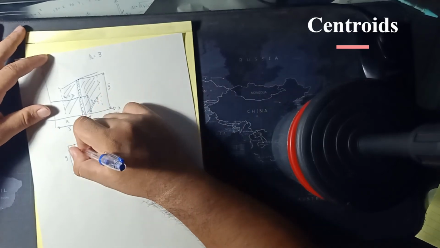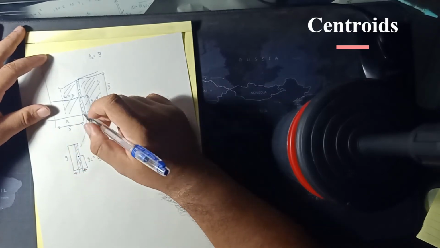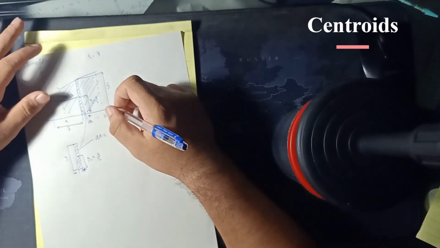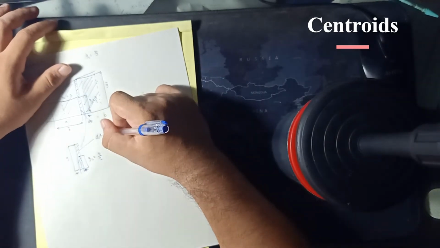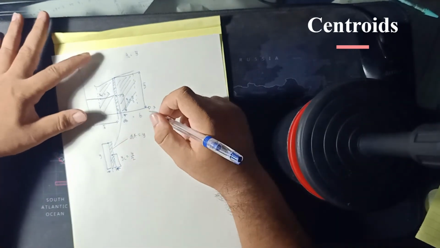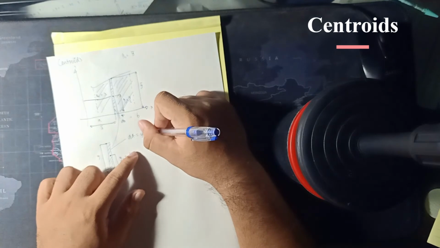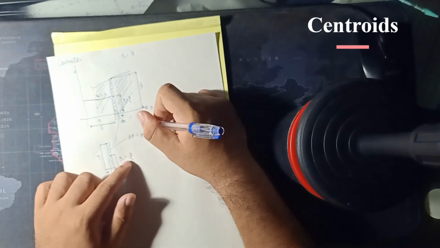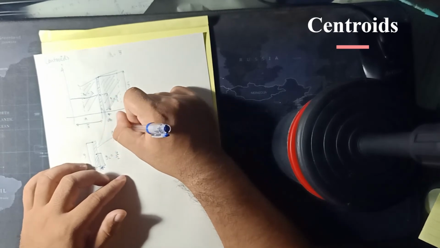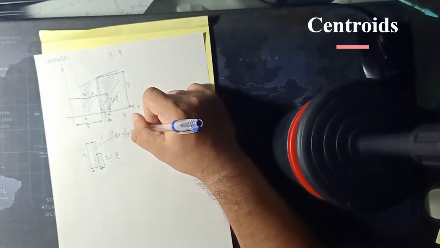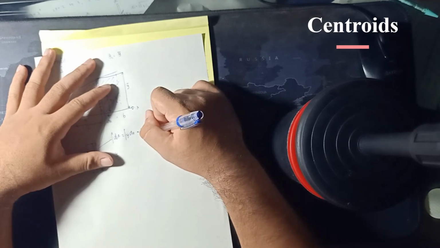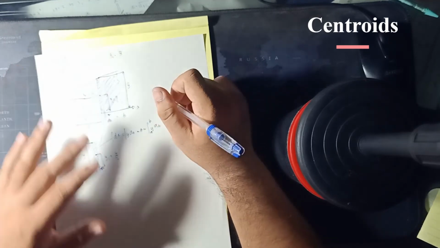On centroids, don't forget your differential area. It is still the same as in my previous videos: the differential area is equal to y dx. So if we integrate, A is equal to the integral of y dx, with limits from a to b.